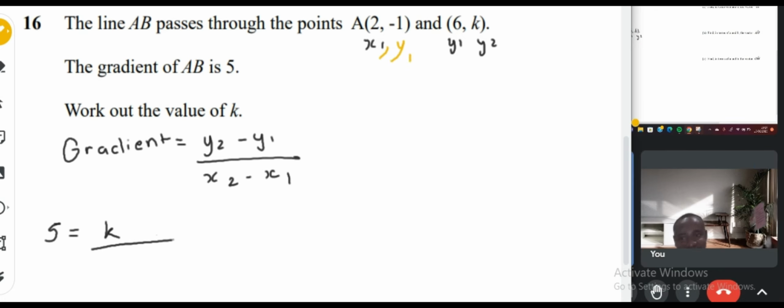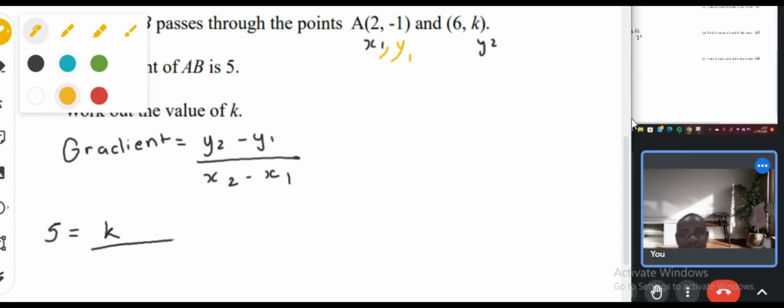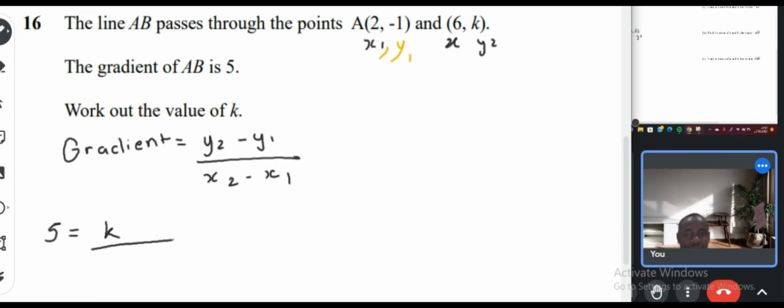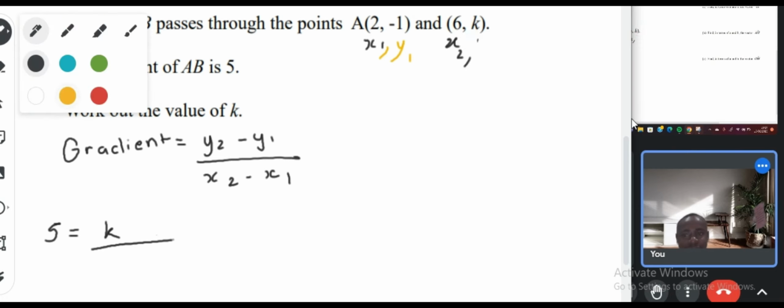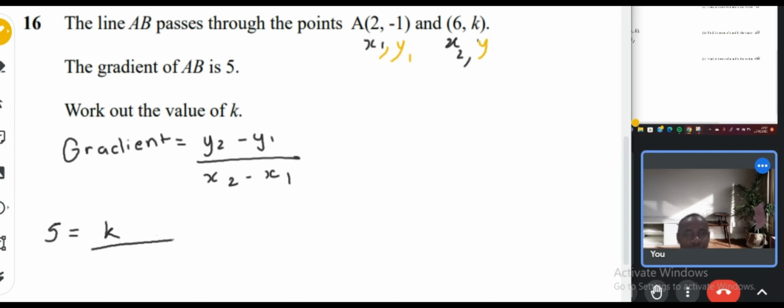Yes. And the other one is x2, y2. So that's where the problem started from.